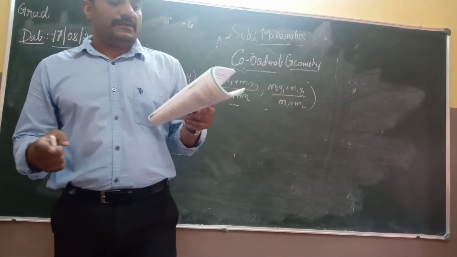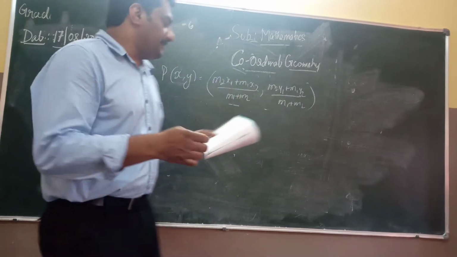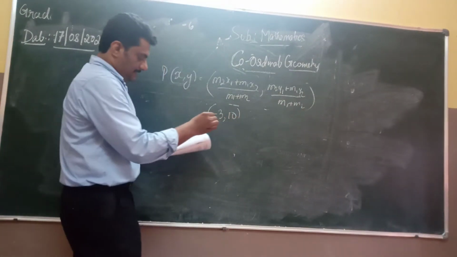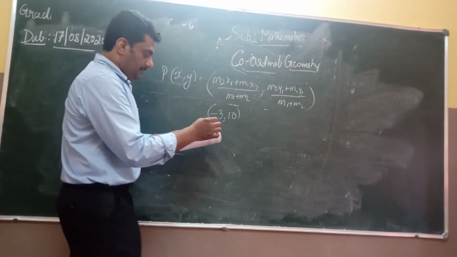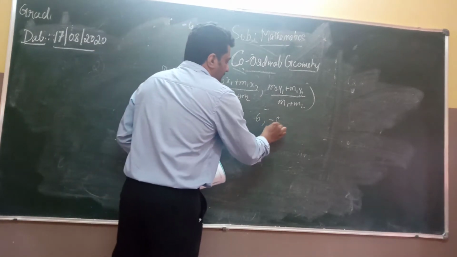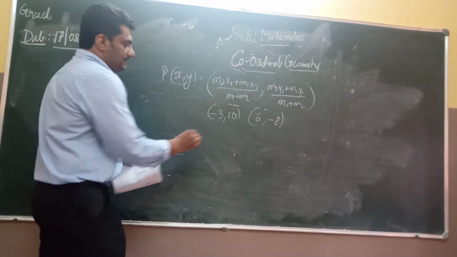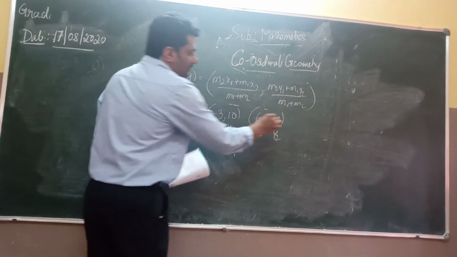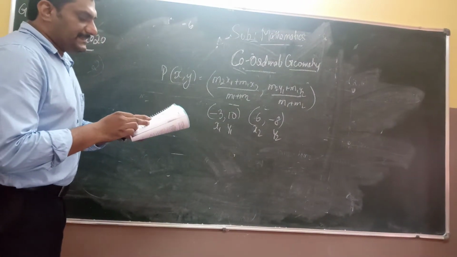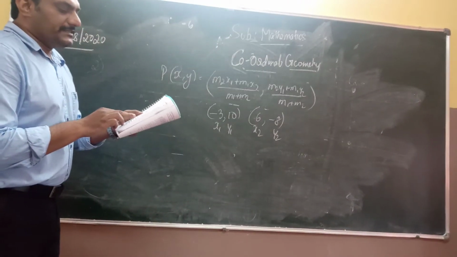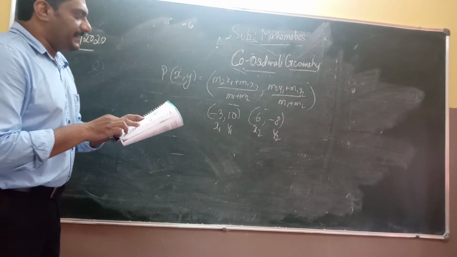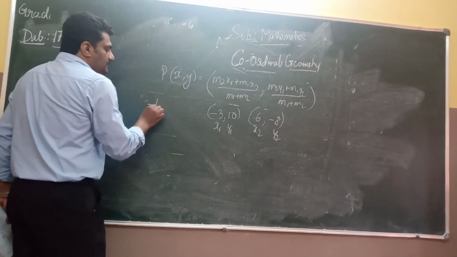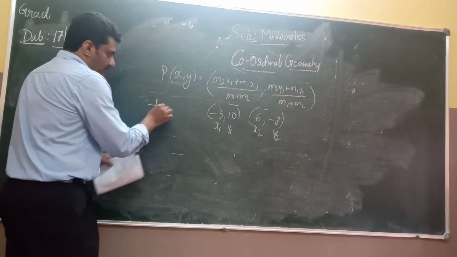Find the ratio in which the line segment joining the points (minus 3, 10) and (6, minus 8) is divided by the point (minus 1, 6).